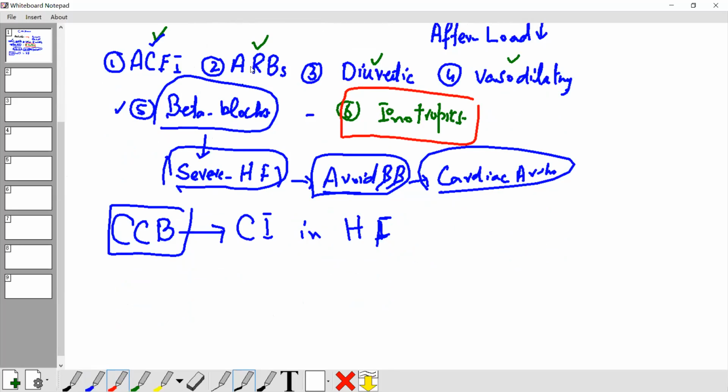Our last hope is the inotropes: digoxin, milrinone, and dobutamine. What are they doing? They support the heart for contraction. They give power to a very weak heart.